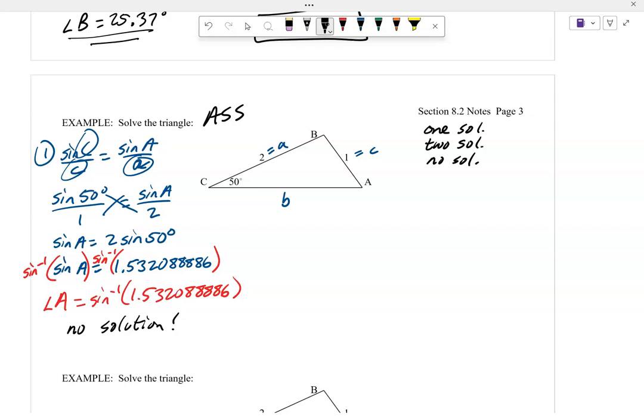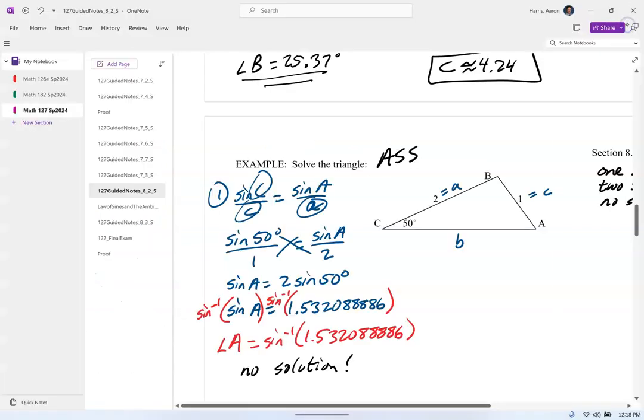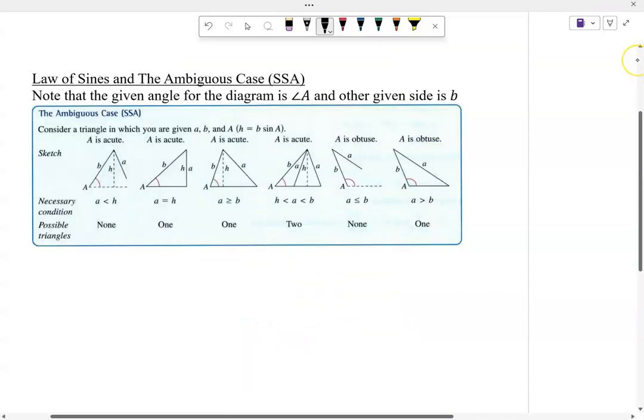And so let's talk about this as far as the handout is concerned. Our given angle was 50 degrees. I know I labeled it as angle C in the original problem, but our given angle is angle A. And so it's a Q, right?